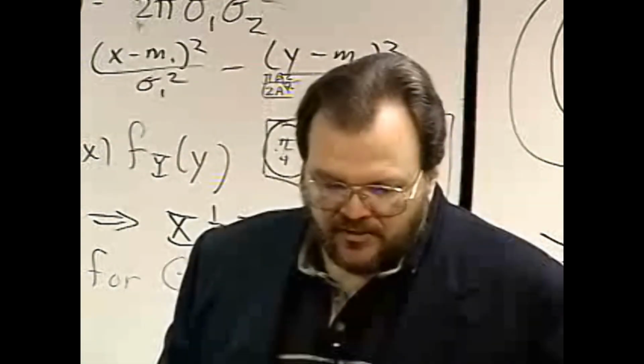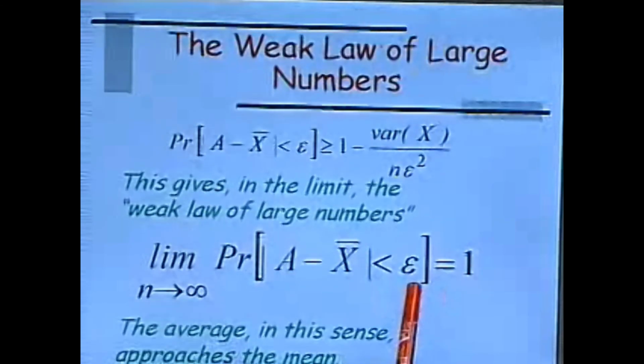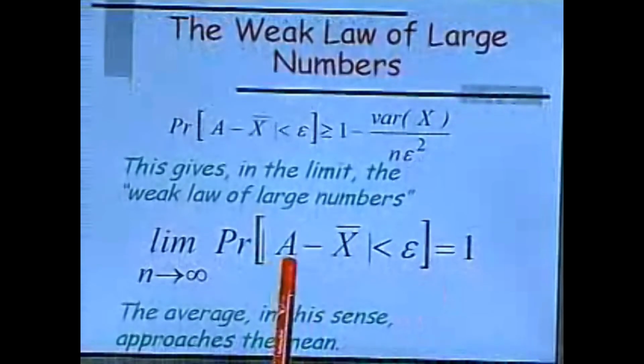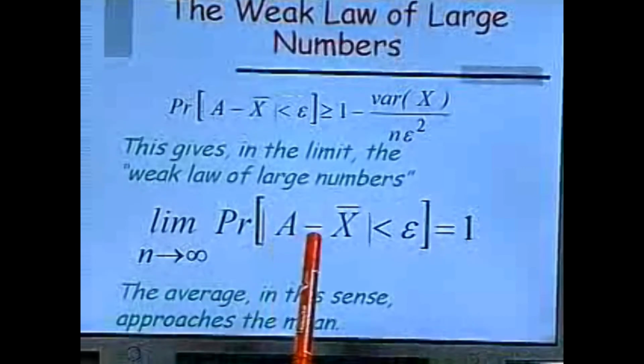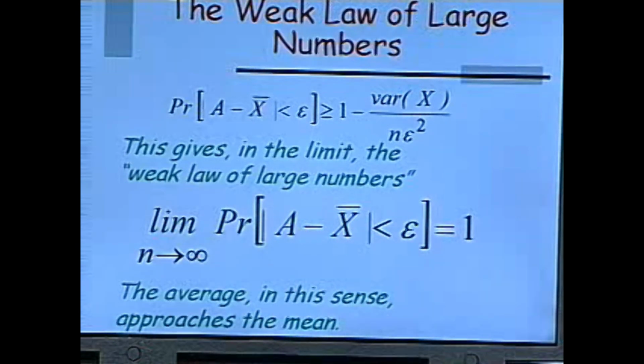So it's the weak law of large numbers, and here it is. For any epsilon greater than 0, sounds like a math class, I know, the probability that the average minus the actual mean is less than any positive number you give me, I can find you a value of n, and this will approach 1.